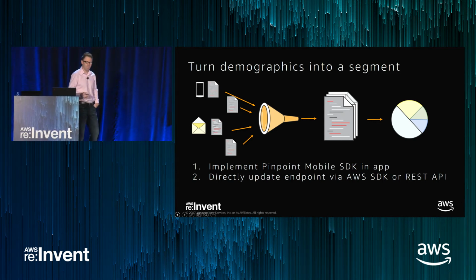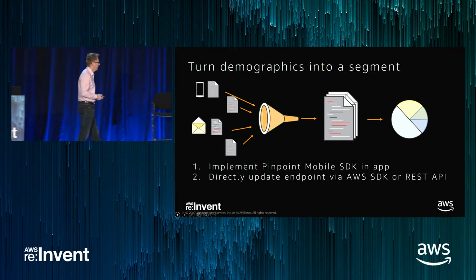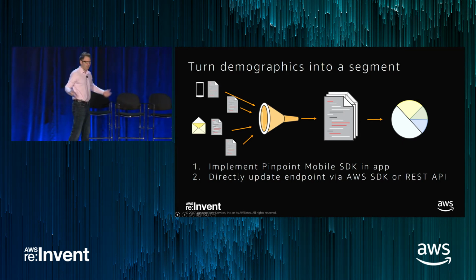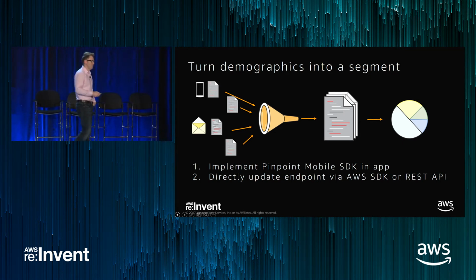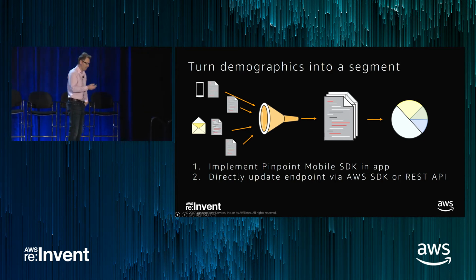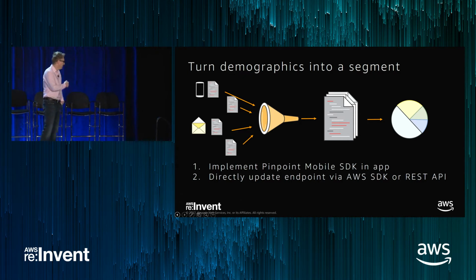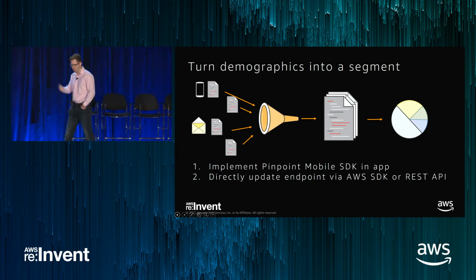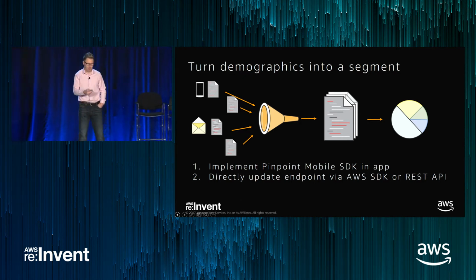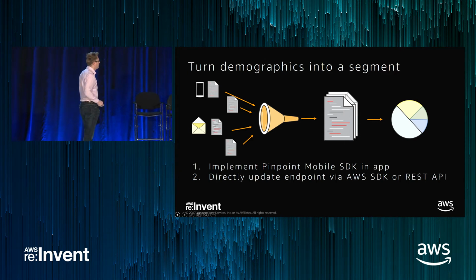There are plenty of lucrative industries where that's the case. Maybe I own a surf shop. Maybe I'm in the concrete industry. Mobile apps are not where I engage my customers. So for that, for number 2, we can directly update the endpoints using the SDK, which you've seen us doing for a few minutes now, or through the REST API.